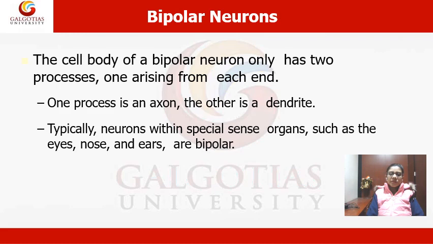As the name suggests, bipolar means a neuron which has two poles. The cell body of a bipolar neuron has only two processes, one arising from each end. One process is an axon and the other is a dendrite. Typically, neurons within special sense organs such as the eyes, nose and ears are bipolar neurons.